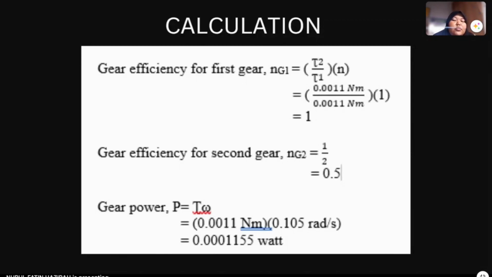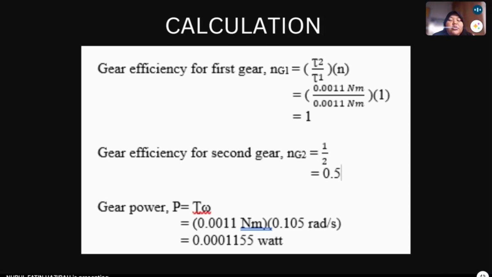And next, we will calculate the gear efficiency for the second gear. We take the second one over the first gear. So the answer is 1 per 2. The answer is 0.5.